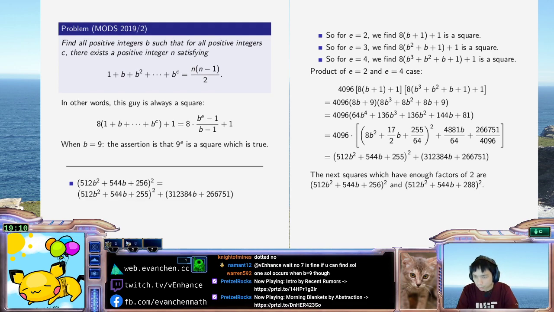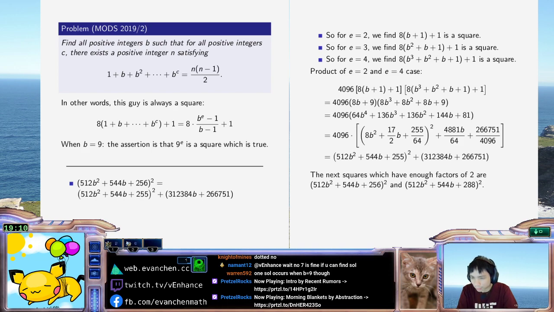And so, however, it being less than 32384b plus 266751 is less than 33 times the sum.